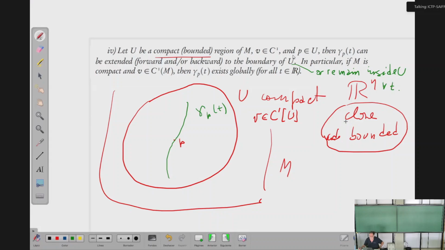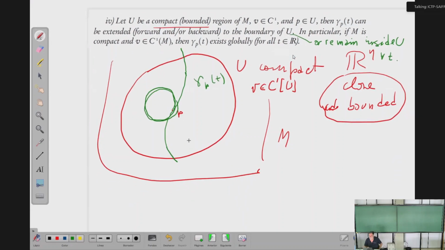What it means is either this curve just goes away in finite time, and the same here, up to the boundary, or it stays inside. This is another possibility, but they are the only possibilities.